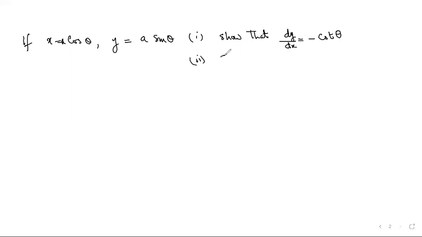Second question, show that dy by dx is minus x upon y. Two ways the question can be asked. A third method is also there that I'll explain after this. So this exercise has two types of question.